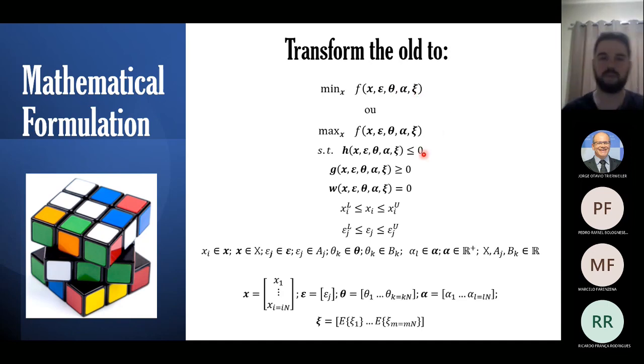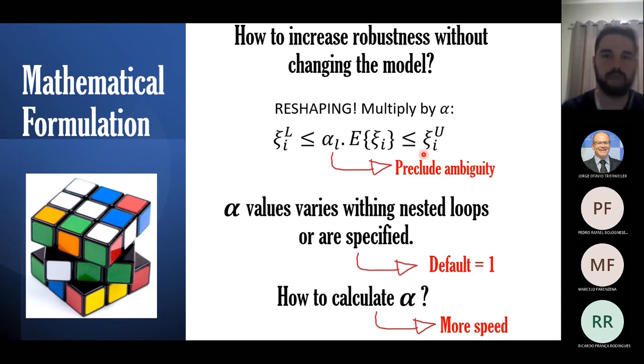And for example, how to increase robustness without changing the model? How do we include the penalty factors in order to increase our robustness? This is the question. You are going to reshape your probability distribution, respecting its bounds.